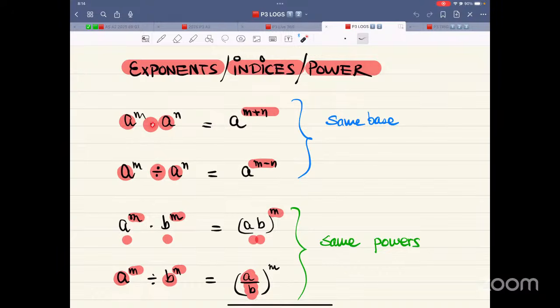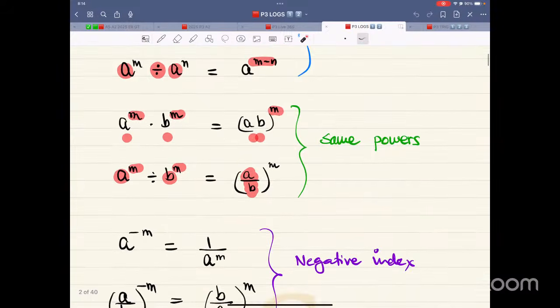Multiplication, the powers add up. Division, the powers subtract. What if the powers are the same, but the bases are different? Technically, we take this power common out of the bracket and the bases multiply. a to the power m divided by b to the power m, different bases or same bases, that's not the issue, the power has to be the same.